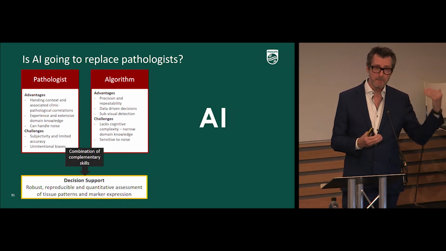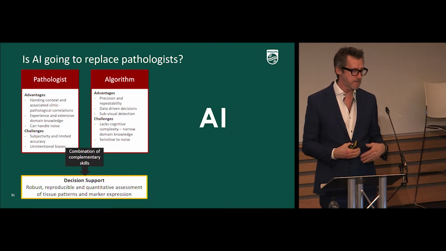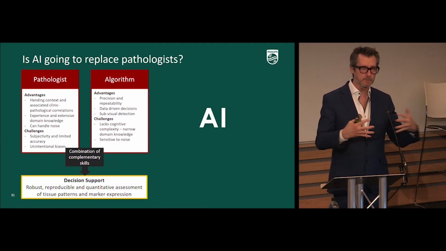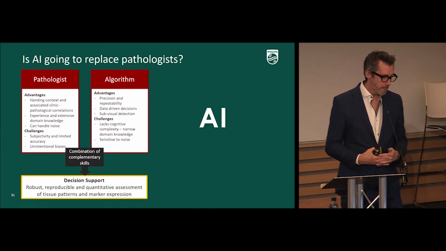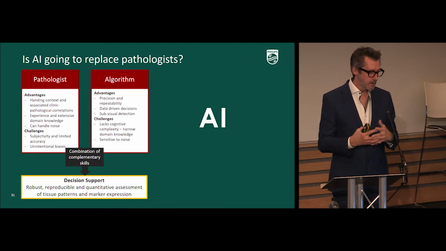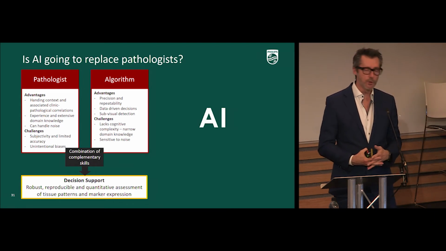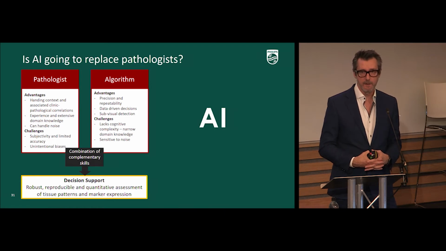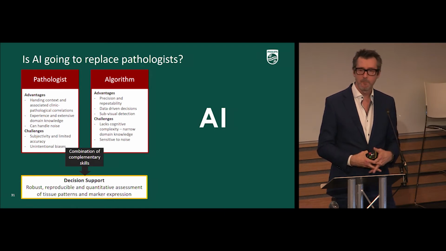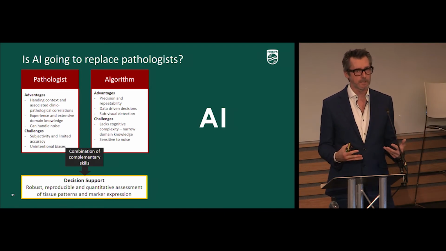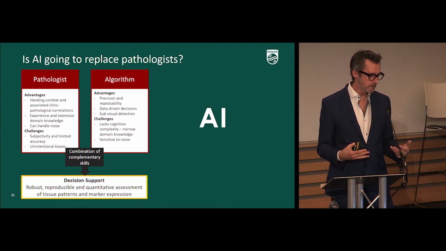Pathologists have real advantages in being able to integrate data from multiple different sources. They have extensive domain knowledge. They can handle noise in ways that algorithms very often can't. But we know the issues around subjectivity of visual interpretation and unintentional biases.